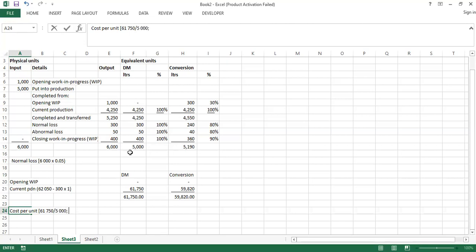And then for the other one, it's going to be 59,820 divided by the top amount here, which is 5,190.